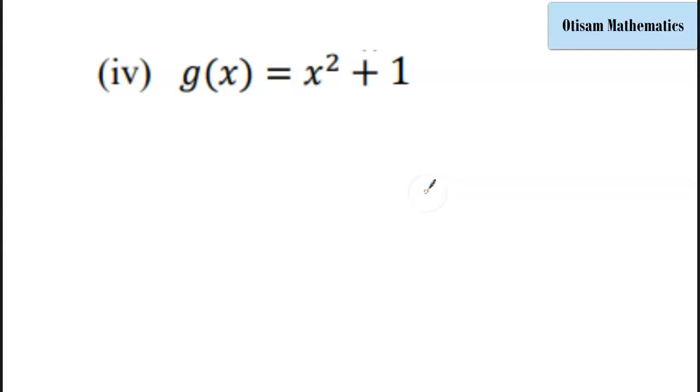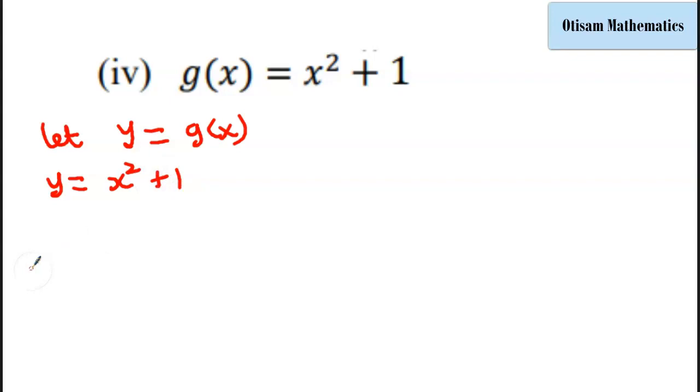Let's look at the last one. Once again, pause the video and try to solve this. So y is equal to g of x. So y will be equal to x squared plus 1.